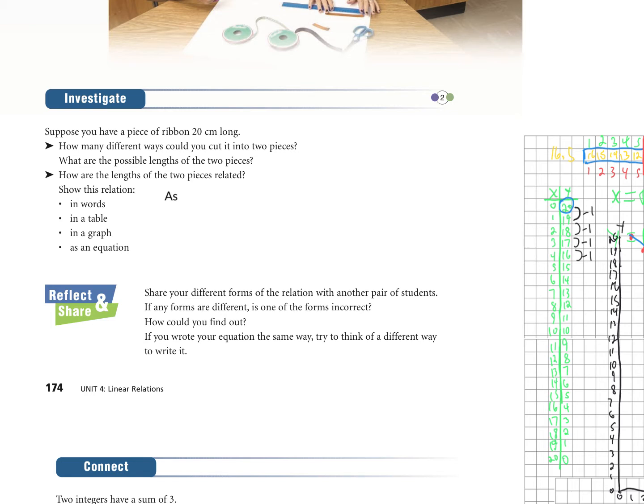as x increases by 1, y decreases by 1 with a maximum value of 20 and a minimum value of 0.